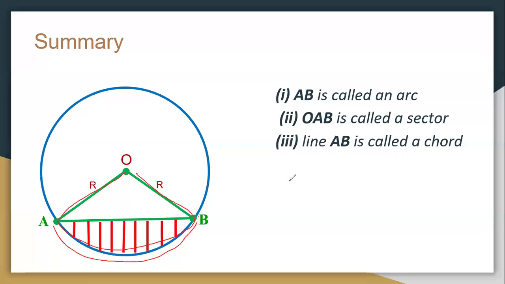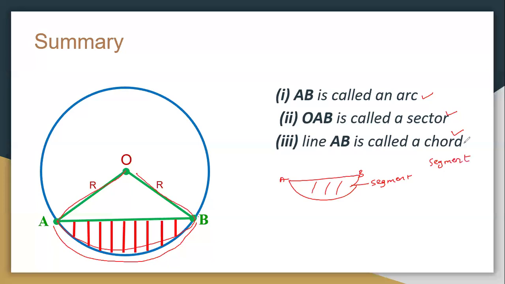And this part here that has been cut off by the chord is what we shall be calling our segment. So those are the major parts, and these are the parts we are going to be talking about when it comes to circle theorems. We are going to be looking at arc, a sector, a chord, and the segment.